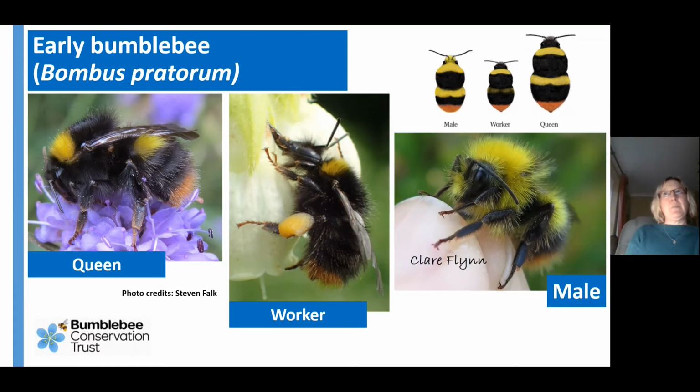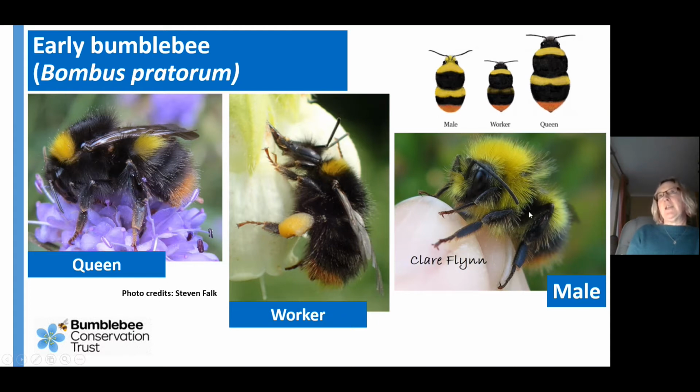And then the males in this species are different again, and they are one of the common species where males have their yellow moustaches, if you like, their yellow facial hair. So when they come out, like this one, which I photographed in Pembrokeshire at the end of May, absolutely beautiful, lots and lots of yellow, like a ruff around his head, much more than in the females, lovely yellow haired face and lots of yellow on his abdomen as well.